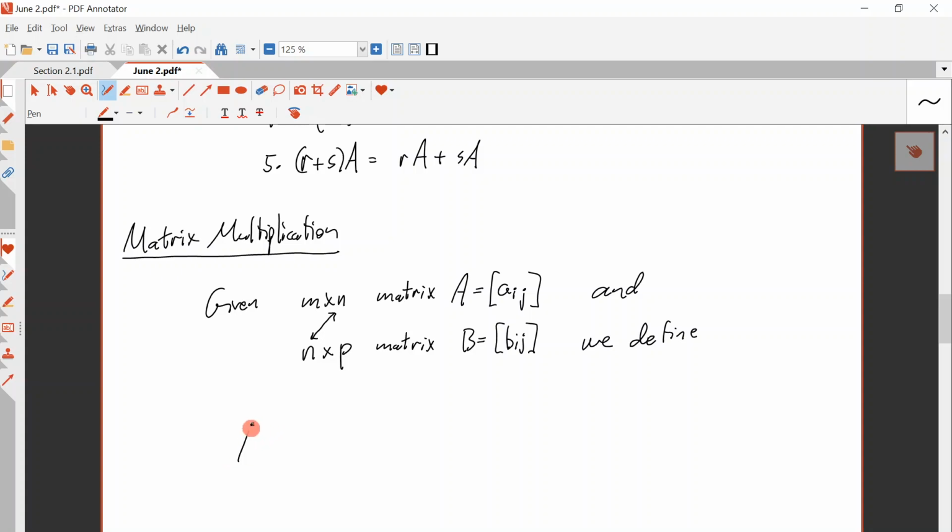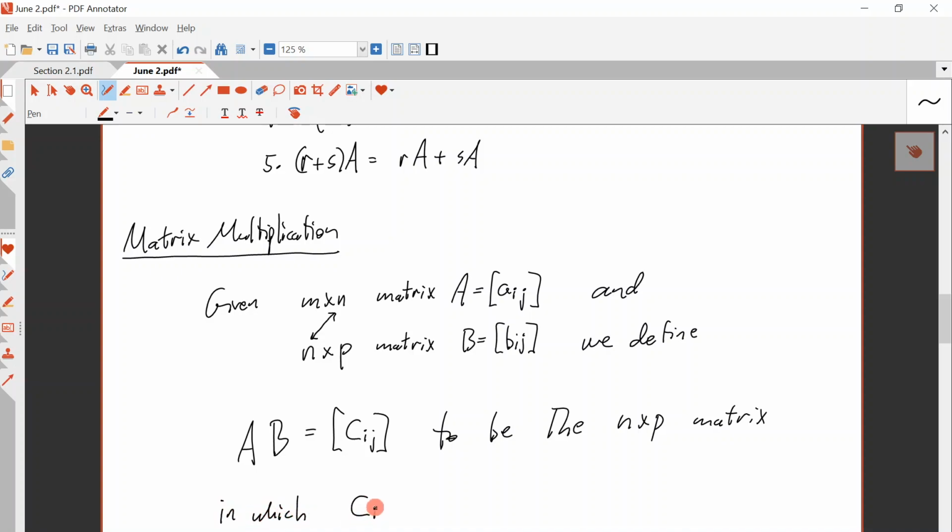Define the matrix AB to be the matrix Cij, the M by P matrix in which Cij is equal to, so row I of A and column J of B.